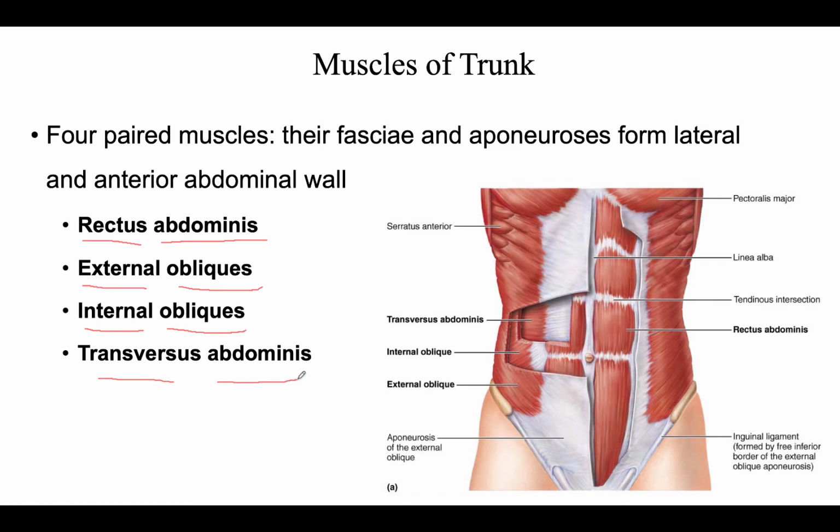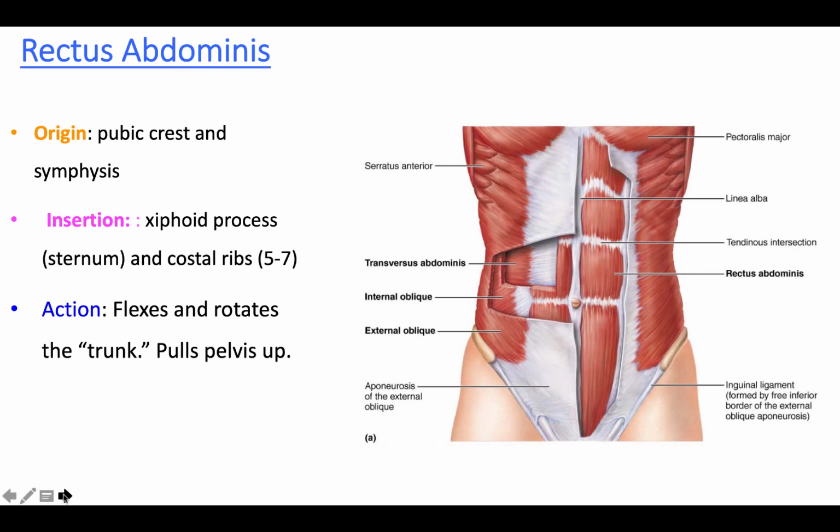Okay, so this is where we apply nomenclature. And I'm going to go through each one. They're here in this picture, but I like to talk about them in more detail. So let's go ahead and take a look. The rectus abdominis. Now, remember, what does rectus mean?